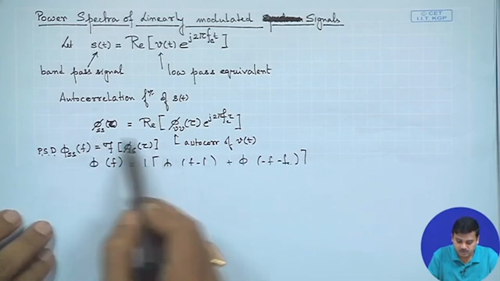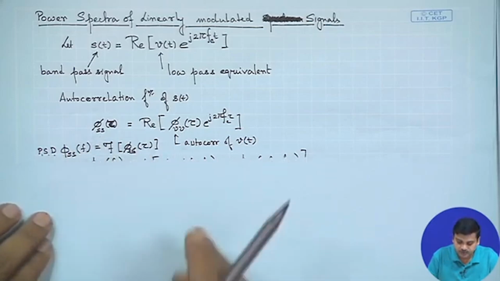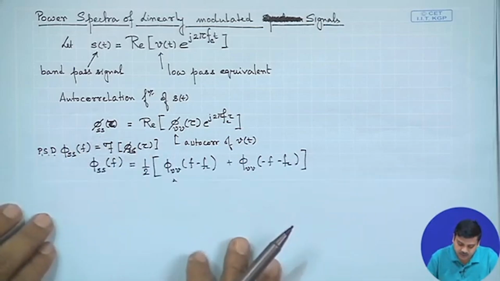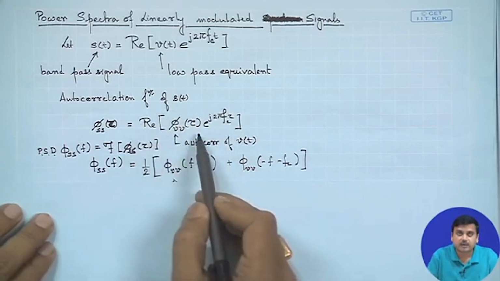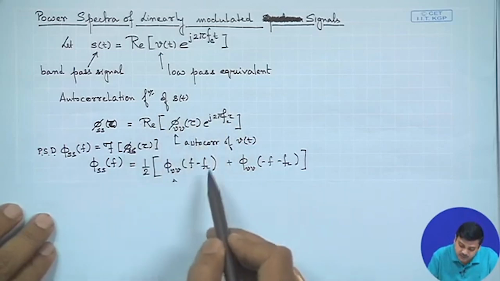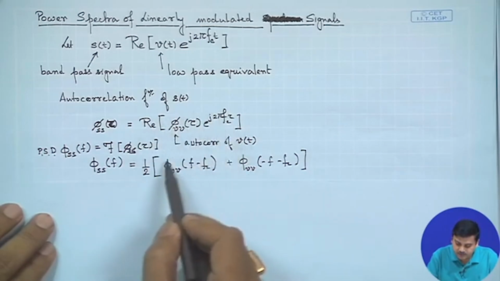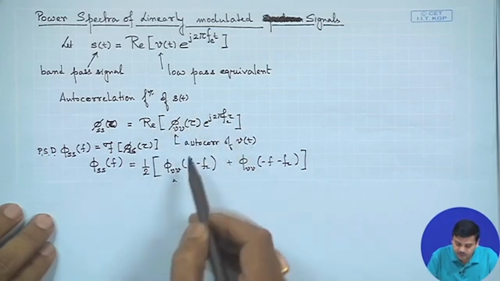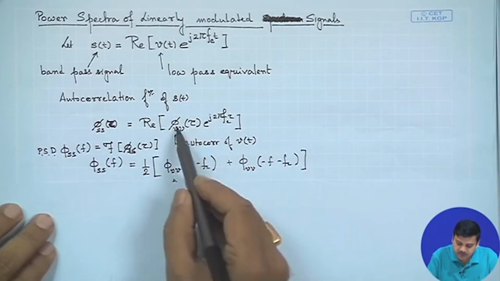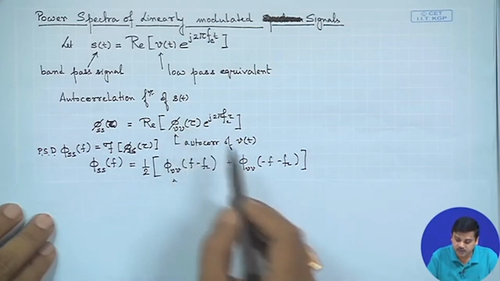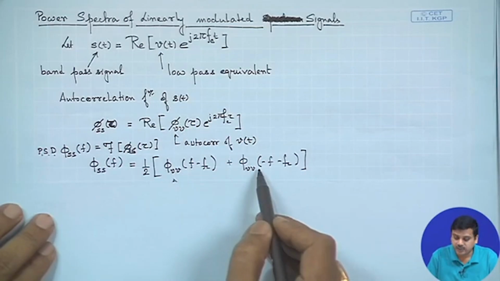So, that is the relationship I have already told you before. Going by this expression, you have also done a similar thing before, where if you have the real part of something, you have phi_VV, which is the power spectral density of the low pass equivalent, and this is the other term in the negative frequency.